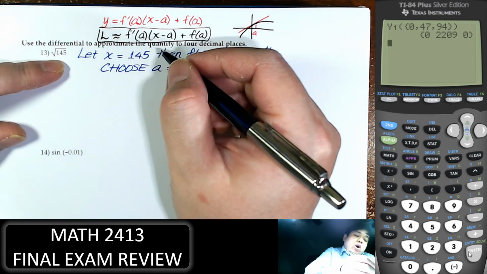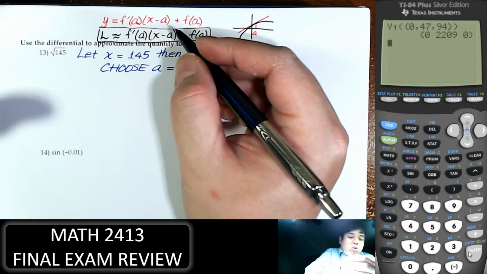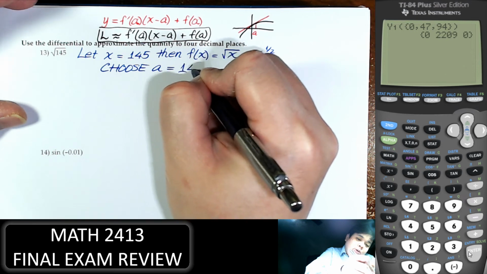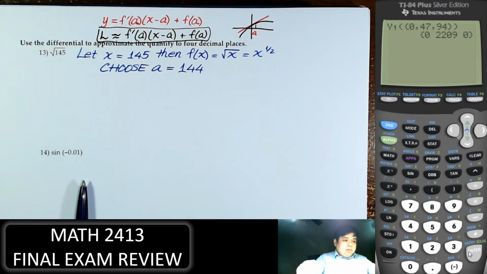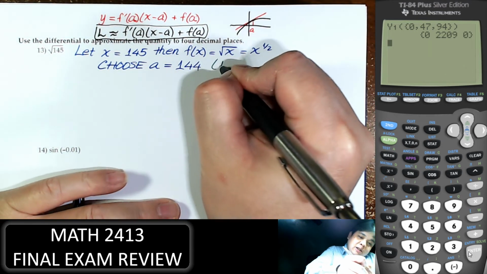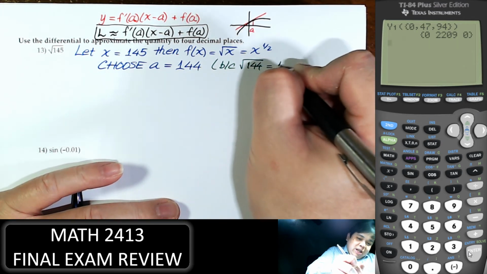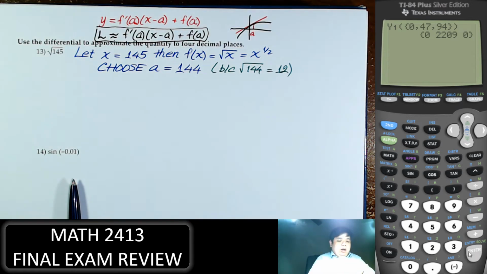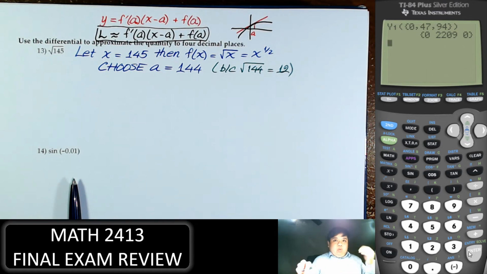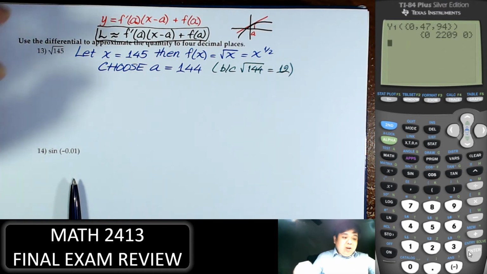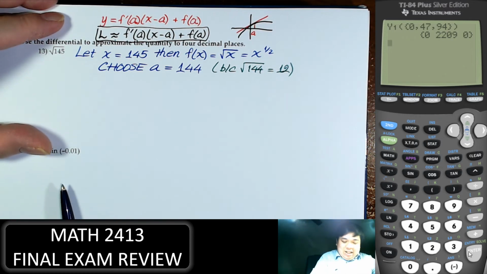Well, we know the square root of 144 is 12, so we choose 144, because the square root of 144 is equal to 12 exactly. So the square root of 145 is 12 point something. Right, now that's what we need to evaluate.